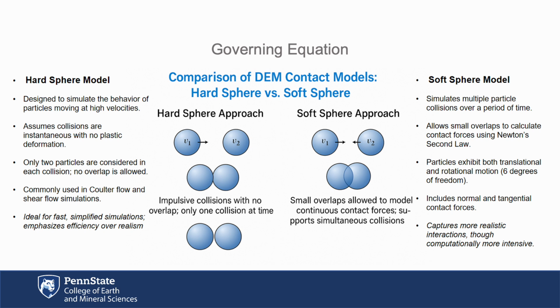Plus, particles can have many contacts happening at the same time, which is way closer to real materials like powder or sand. That's why in most DEM simulations, especially in engineering, people prefer the soft sphere model. It's slower, but it gives much more accurate results.